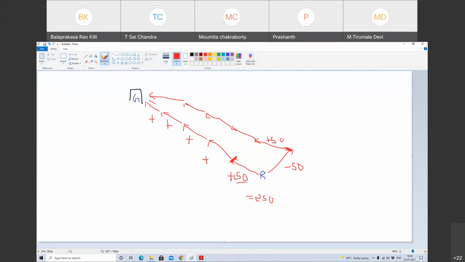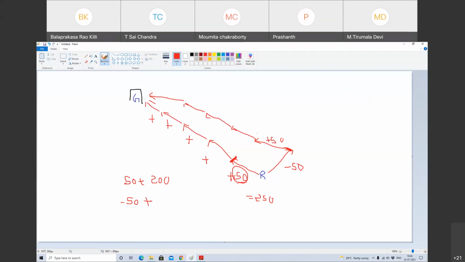Now, from here onwards, how much reward will it get? 200. And what is the immediate reward it got? 50. So when it moves left, it gets a reward of 50, and from this state onwards the reward is 200. Coming to the right action, if it moves right, immediately it will get a reward of minus 50.